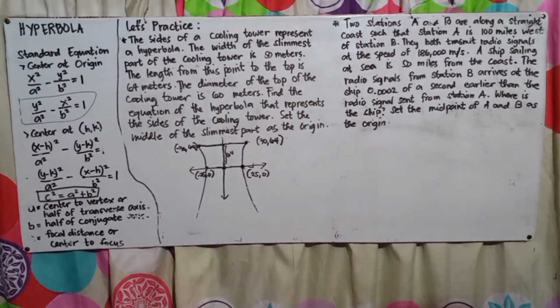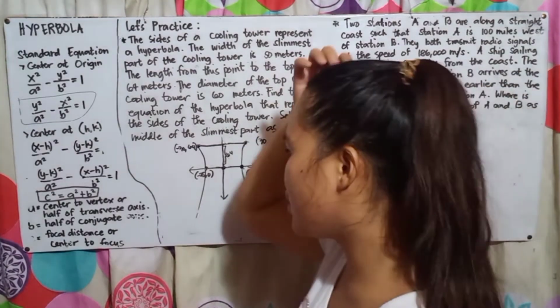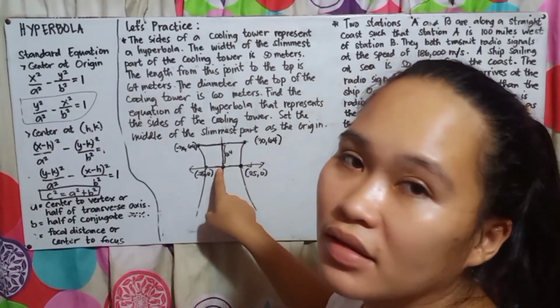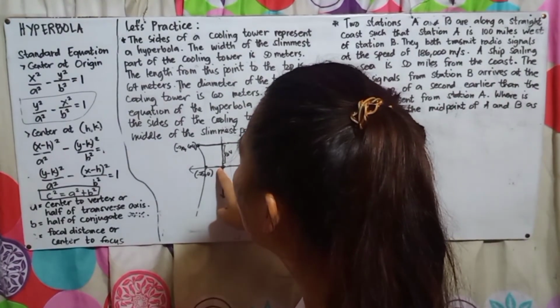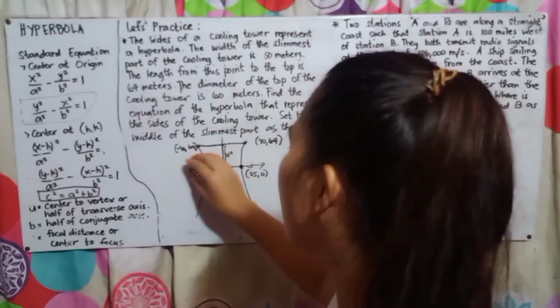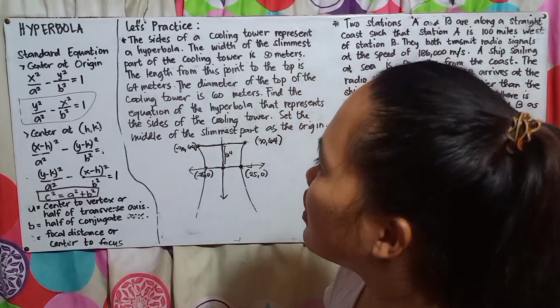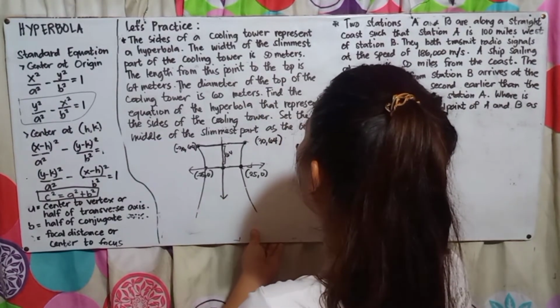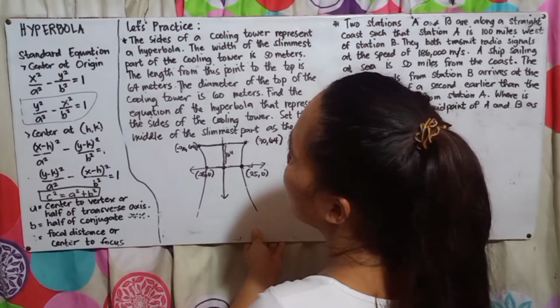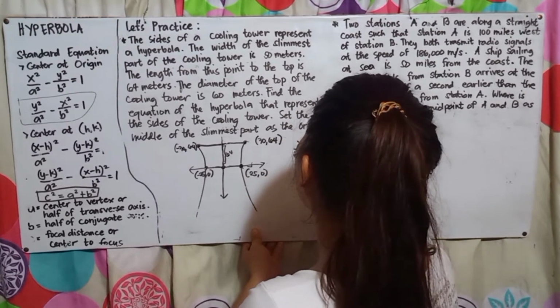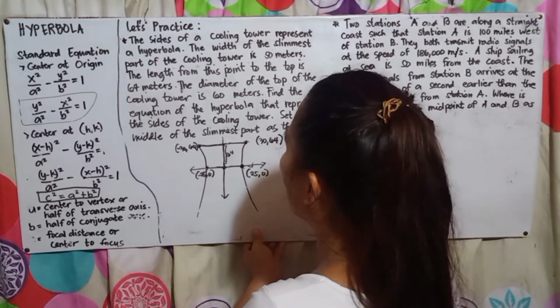Since it is an equation, we will look for A and B. The center is at the origin, and the transverse axis is along the x-axis. So, we follow the equation x squared over a squared minus y squared over b squared equals 1.